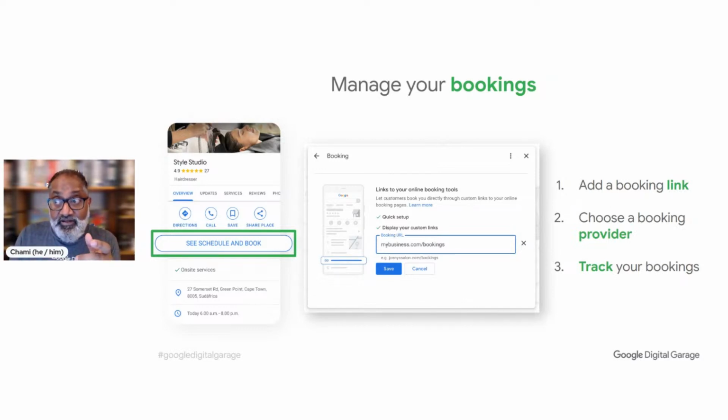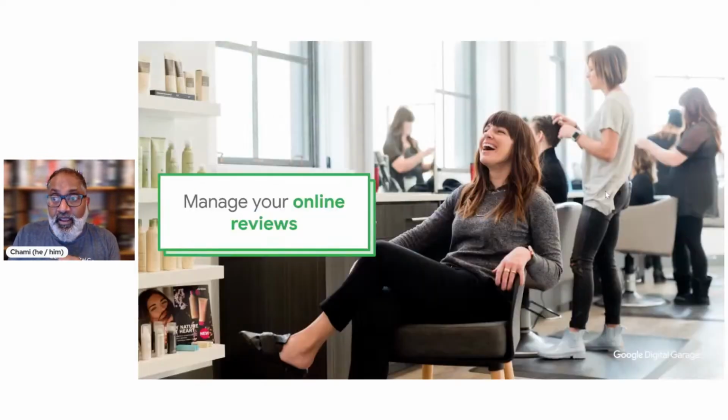It could also use third-party booking systems, as well as track your bookings. So from one place, you can have a lot of things done. That's why I said it was free and powerful, your Google business profile.